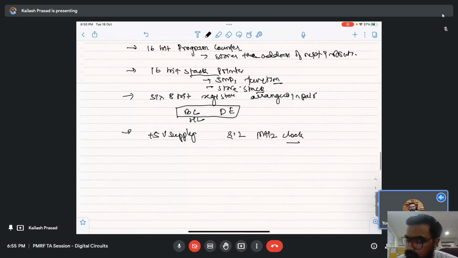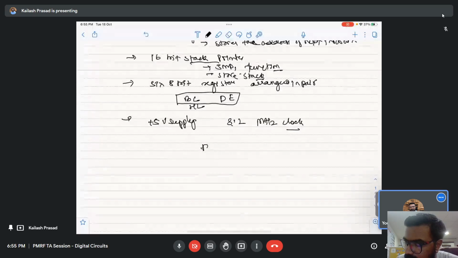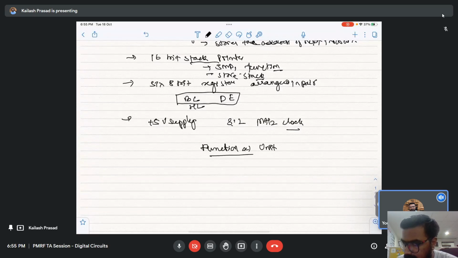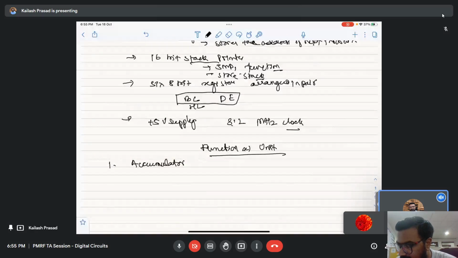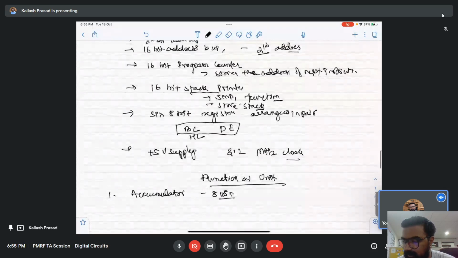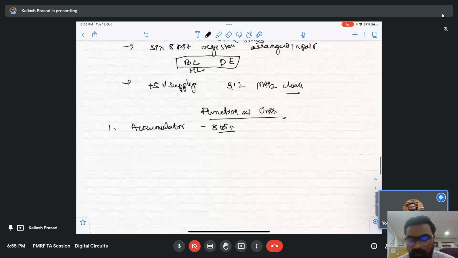Now moving to the functional units, the 8085 has functional units, right? The first functional unit which is very important is called the accumulator. Okay, so it has an accumulator, and it is an 8-bit accumulator, right? Because the data bus is 8-bit and everything is 8-bit over here.